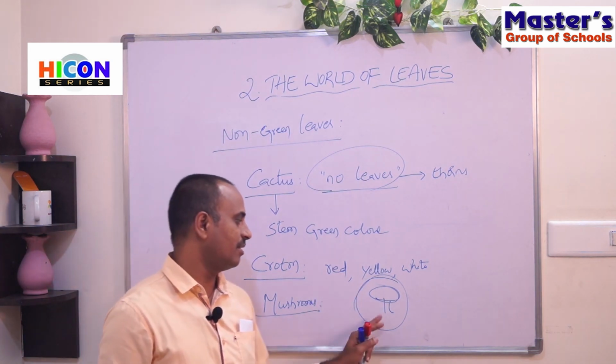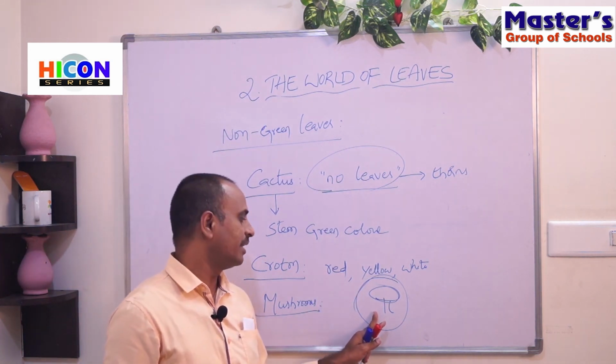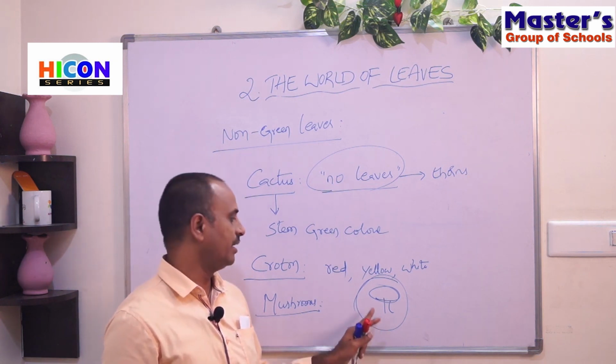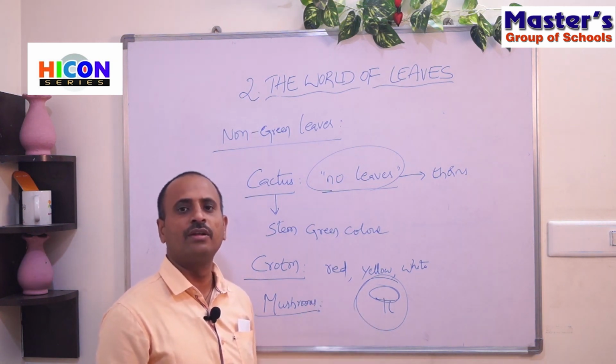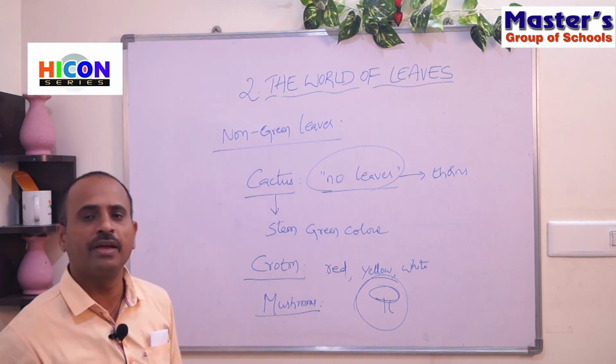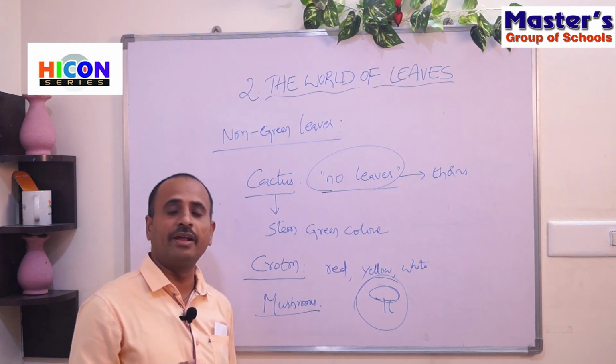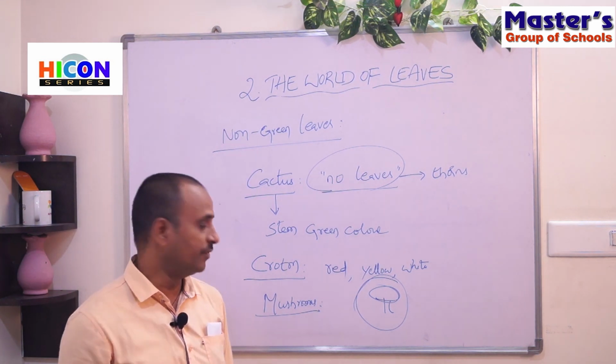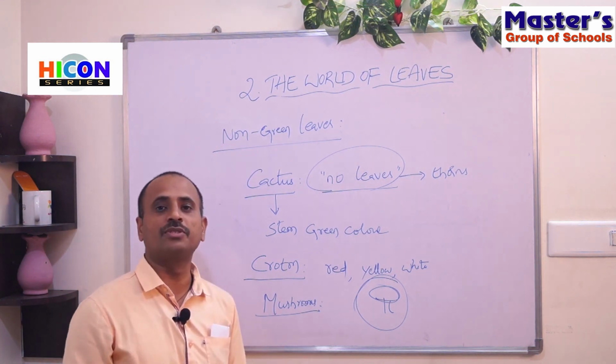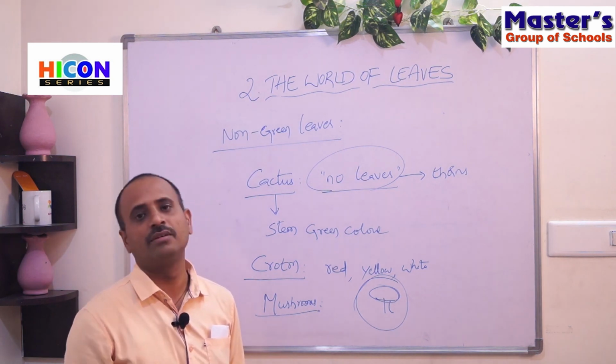Since they are not green in color, there is no chlorophyll in them, and since there is no chlorophyll, mushrooms cannot prepare their food by themselves. Generally, mushrooms grow on wet wood.